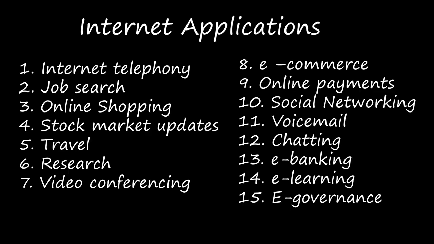And the next one is e-commerce. E-commerce, we saw here, is electronic commerce, right? This is the buying and selling of goods and services, or transmitting data or funds, right? The largest e-commerce companies are the shopping websites: Amazon, Flipkart, Snapdeal, Paytm. These are all e-commerce websites, right? Online payments.